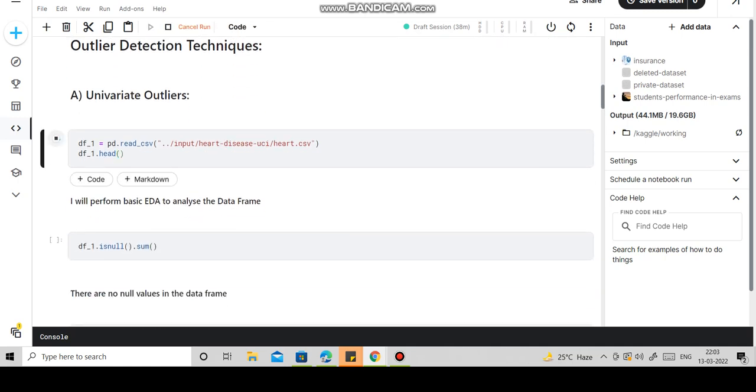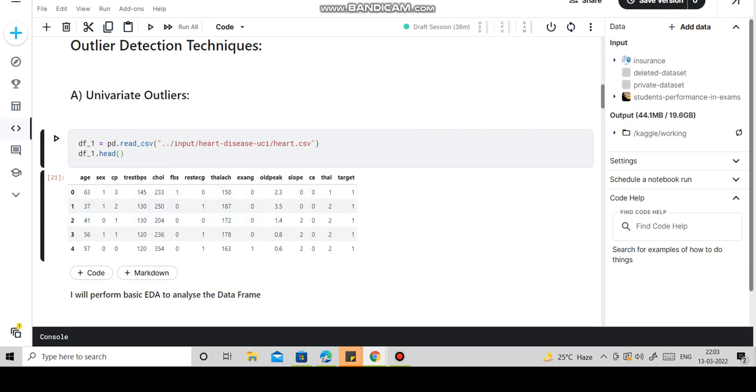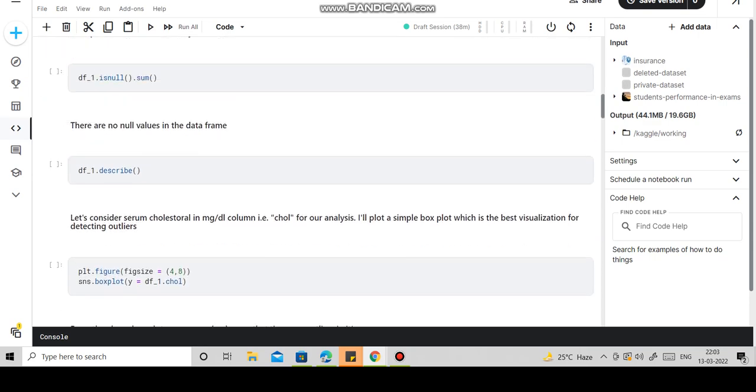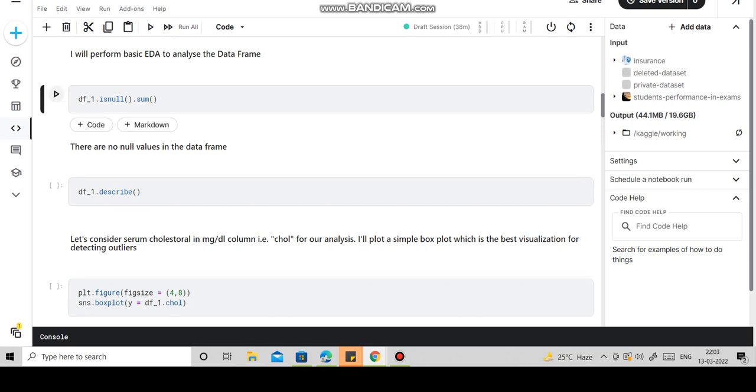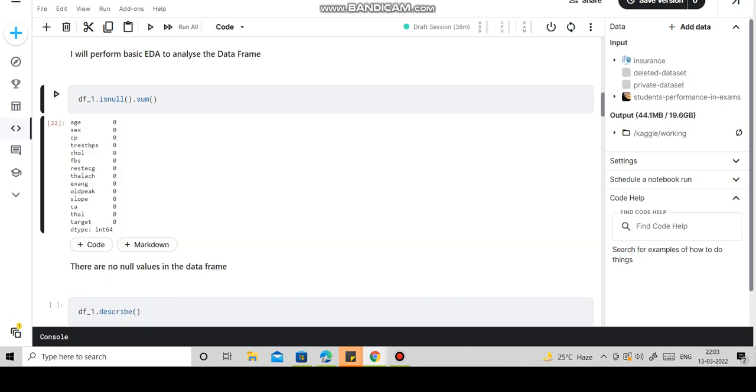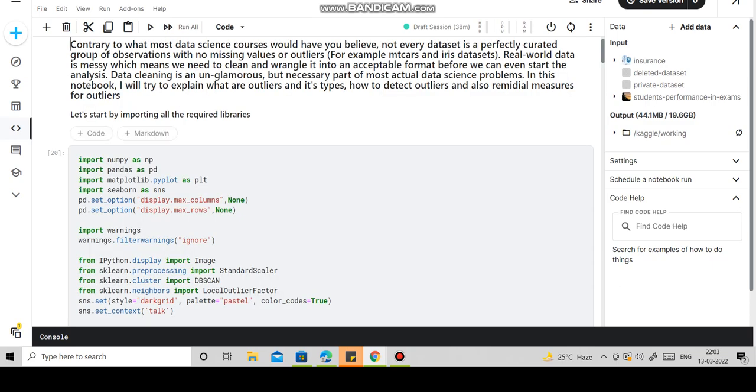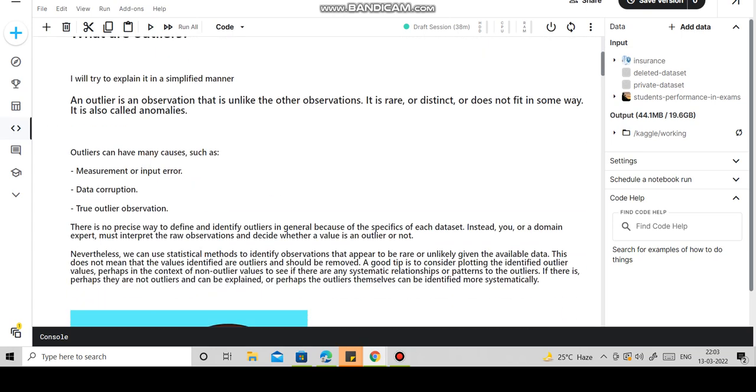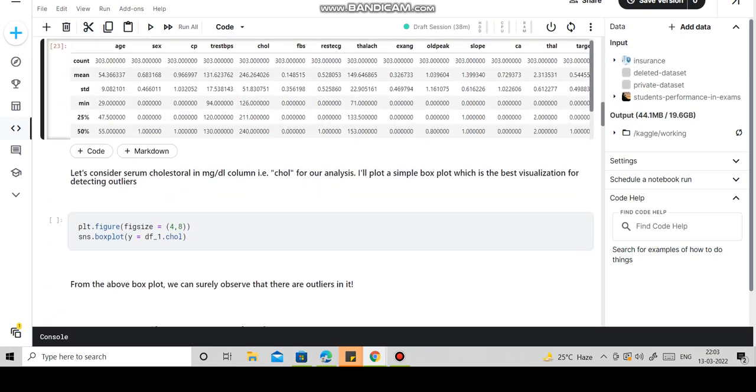So for this we'll look into the heart diseases data set. We have age, sex, the BPS, cholesterol, and so on and so forth, a few variables. We'll consider the cholesterol for our analysis.